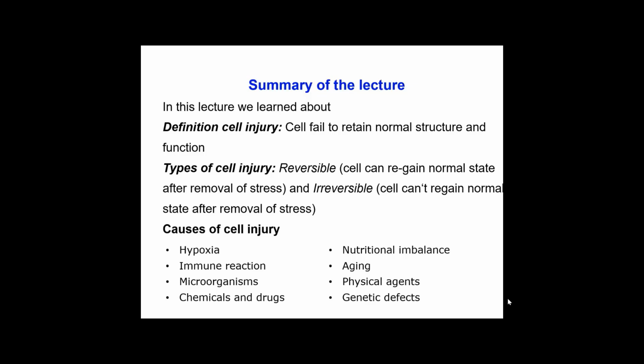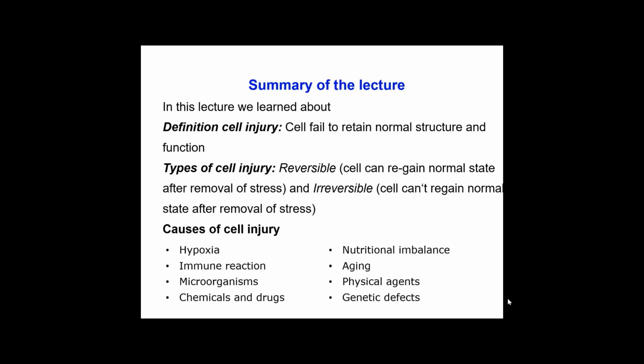We have also learned different types of cell injury, like reversible and irreversible. Reversible are the cell injury types in which the cell can regain its normal state after the removal of the stress.